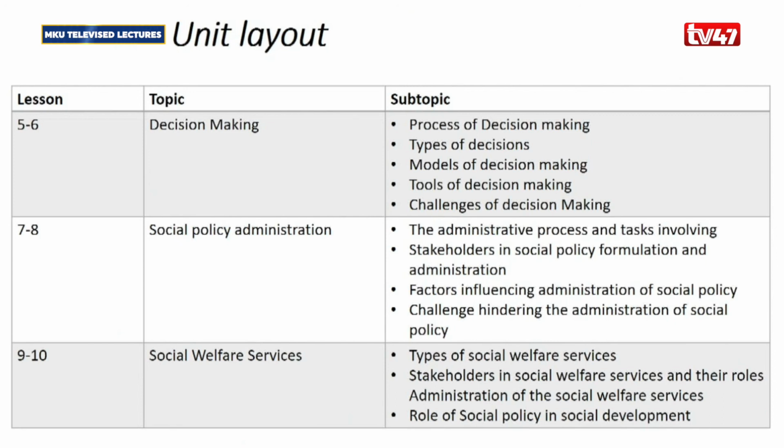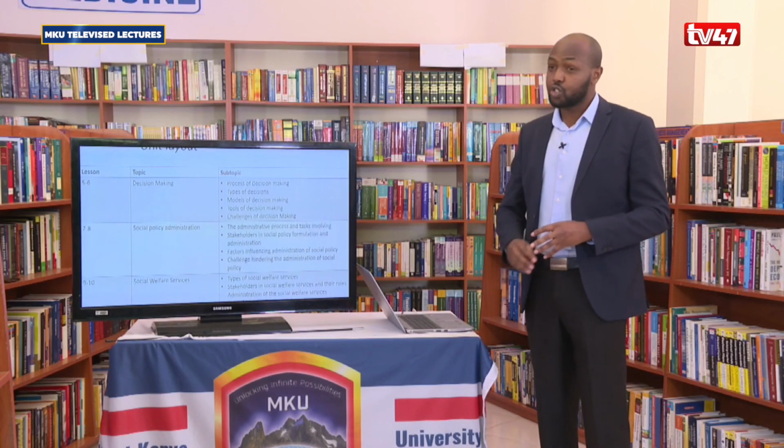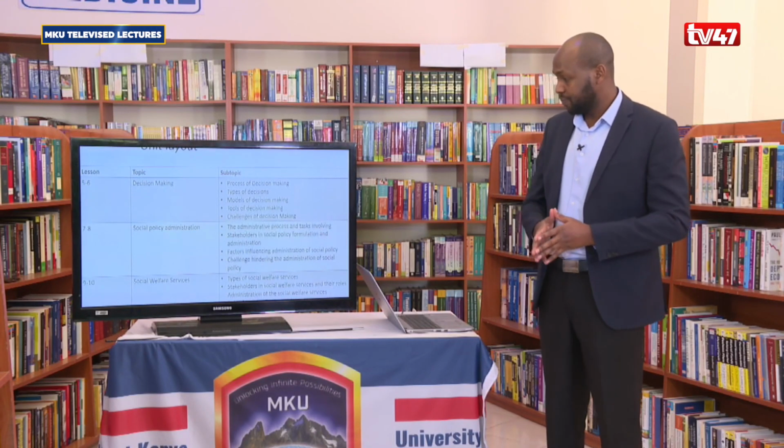And regardless of how good a policy you have been able to come up with, you will be expected to face some challenges when it comes to administration of that specific policy. In this unit, you seek to identify, highlight, and discuss some of the challenges that the administration of social policy faces.